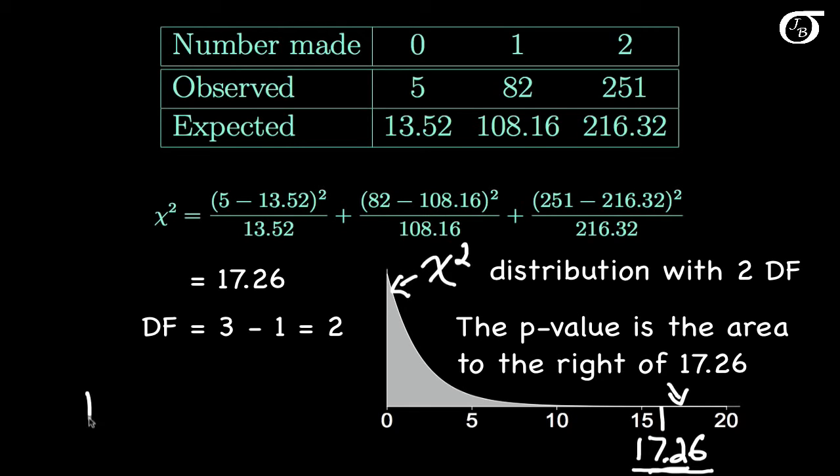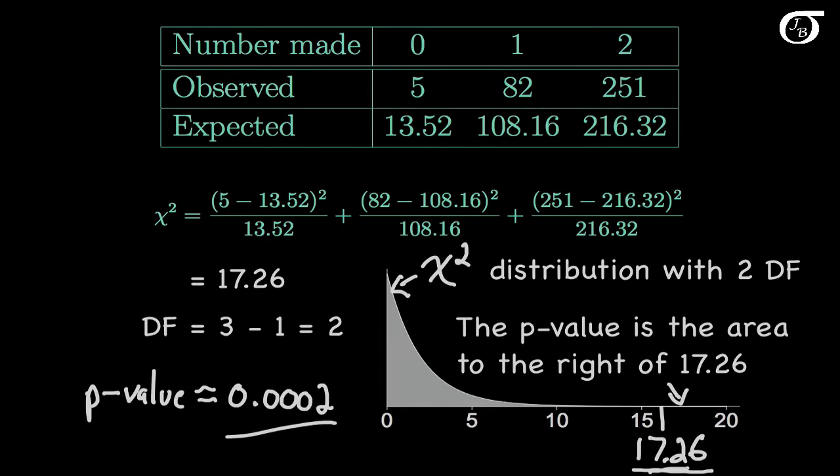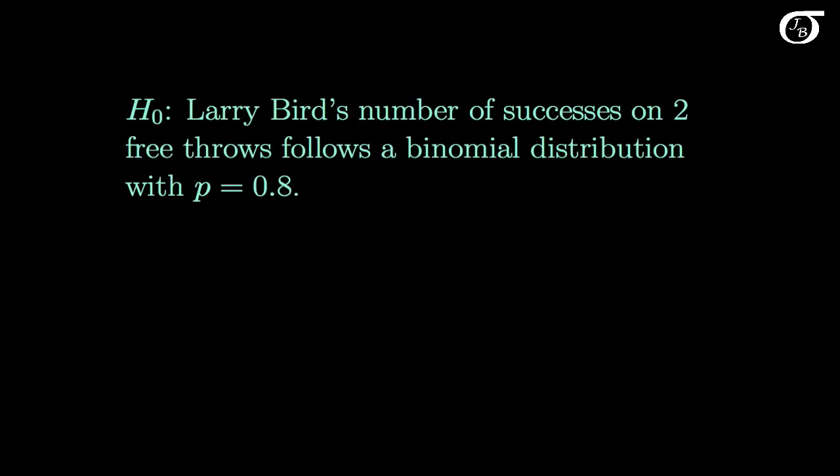And if we go to software, we can see that that p-value is a very small number. The p-value is approximately 0.0002. So we have a very small p-value, indicating very strong evidence against the null hypothesis. And here again is our null hypothesis, that Larry Bird's number of successes on 2 free throws follows a binomial distribution with a probability of success of 0.8.